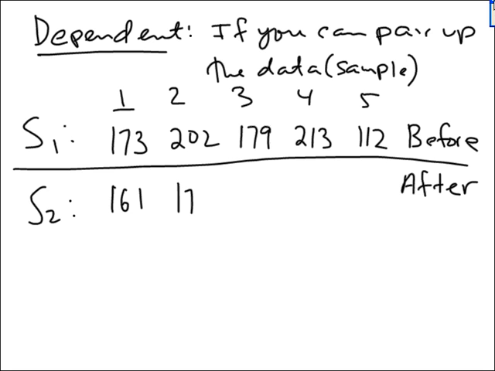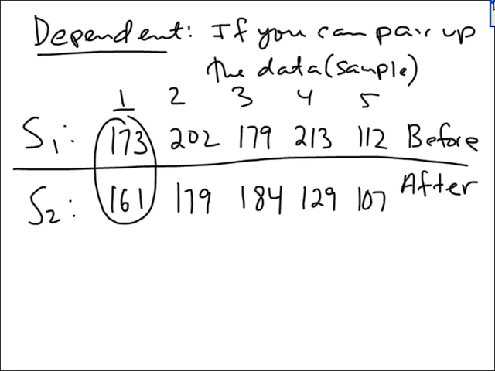Person 2, she weighs 179. Person 3, he weighs 184 pounds. Person 4, she went down to 129 pounds. Person number 5, 107. Now, there's an obvious pairing. You can pair up those two.